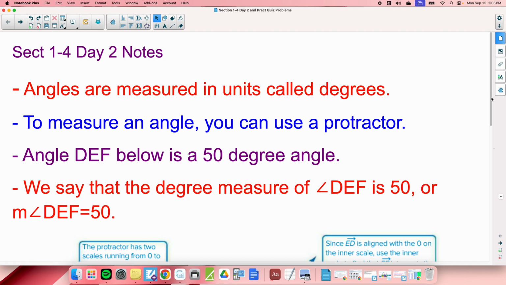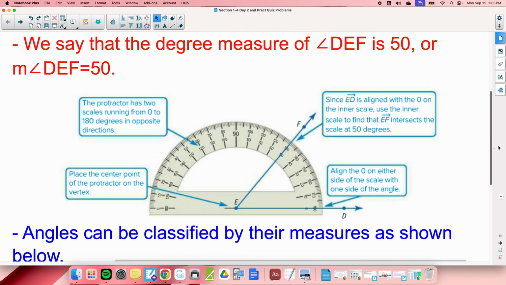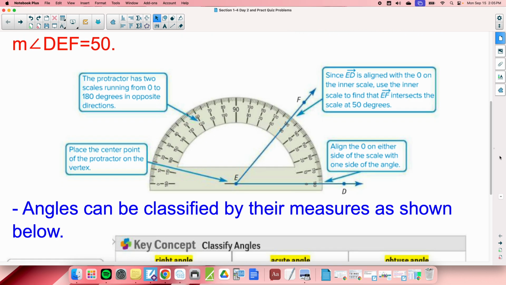So first of all, when you guys have a protractor, there are two different number scales on that protractor. I know how they work. So the lower numbers is your first one, your second one is the other one.